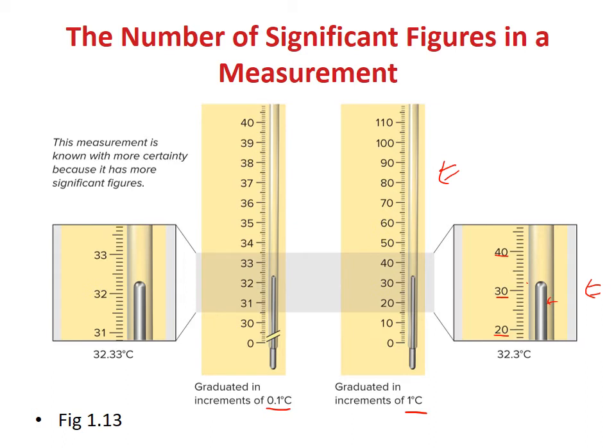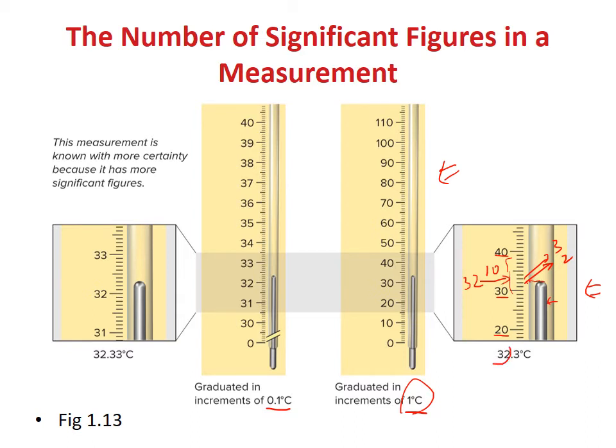In between you have 10, so each must be 1 degree, and that's why it says 1 degree increment. Let's read the mercury height. The height is between 2 and 3, and therefore the reading must be 32 point something.